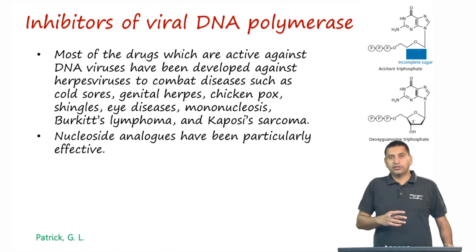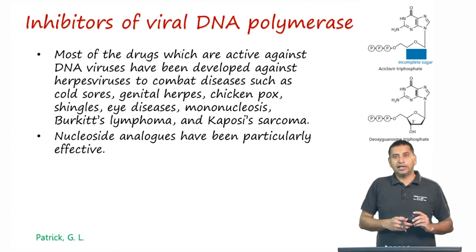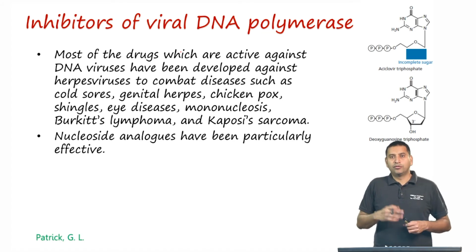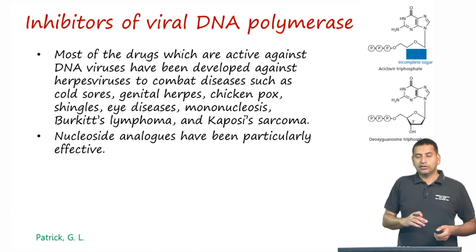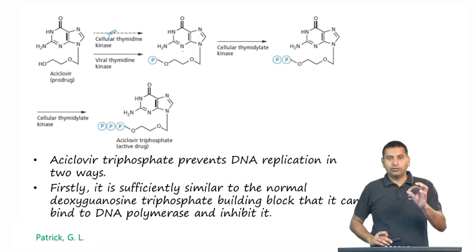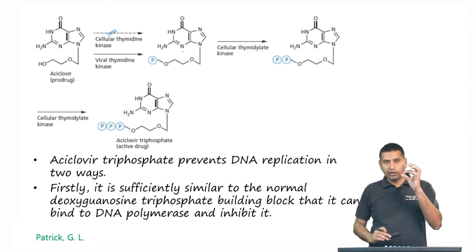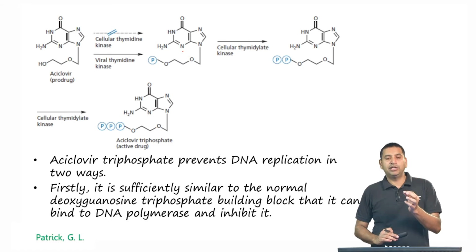So, the first class of drugs that we are going to encounter are inhibitors of viral DNA polymerase. The first drug that we are going to look at is acyclovir. Acyclovir triphosphate, we have already looked at this previously, is an incomplete nucleic acid, and therefore, it is going to prevent DNA replication.